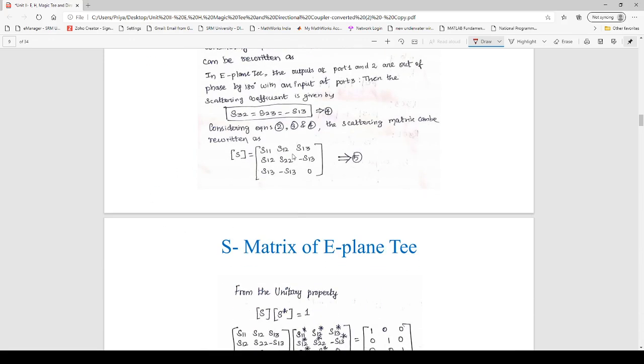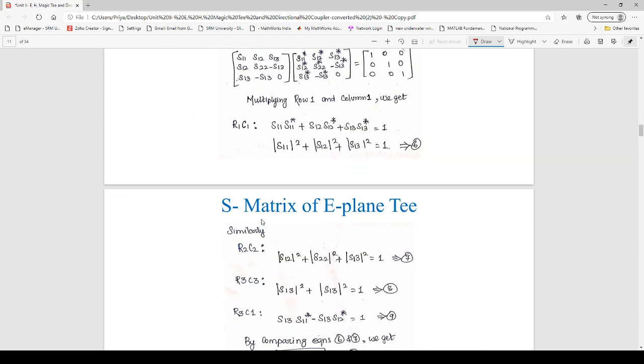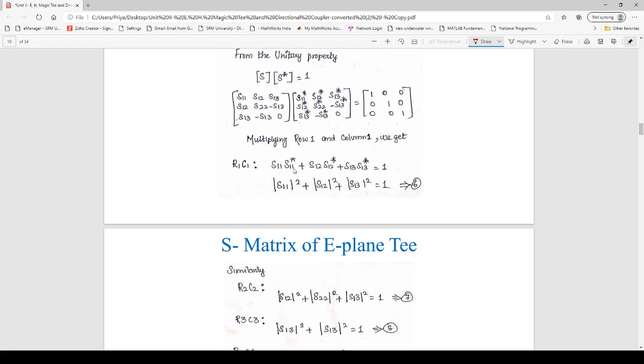I have replaced the components and rewritten my scattering matrix. Now my next property: if I multiply the scattering matrix with its complex conjugate, I will get a unit matrix. So this is my matrix after replacing all the components, and multiplying with its complex conjugate, I will get a unit matrix.